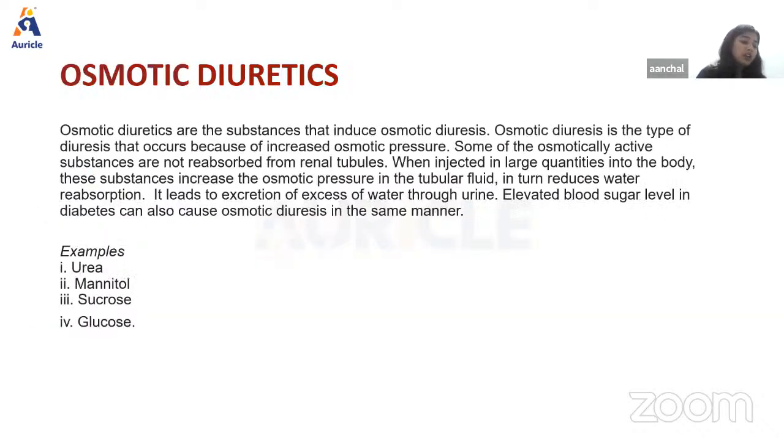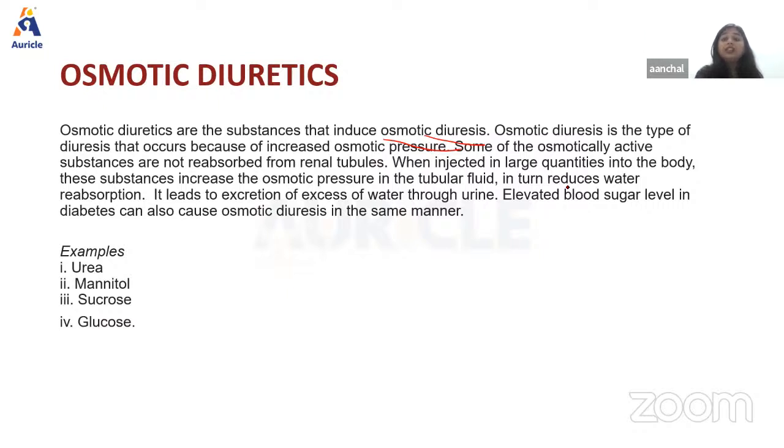So first we have the osmotic diuretics. Osmotic diuretics are substances that induce osmotic diuresis, which is the type of diuresis that occurs because of increased osmotic pressure. Some osmotically active substances that are not reabsorbed from the renal tubule, when injected in large quantity into the body, increase the osmotic pressure in the tubular fluid present inside the kidney.